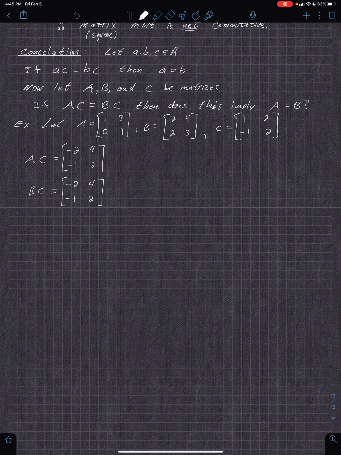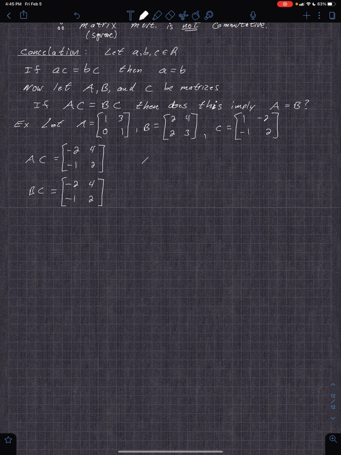So A times C equals B times C. Those are the same product, yet what do you know about A and B? If you had cancellation, you would be able to conclude A and B are the same, and they're not.